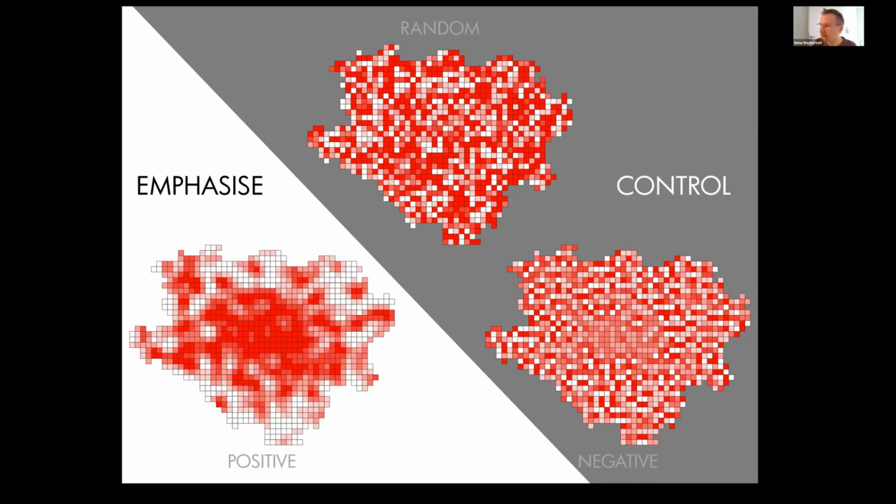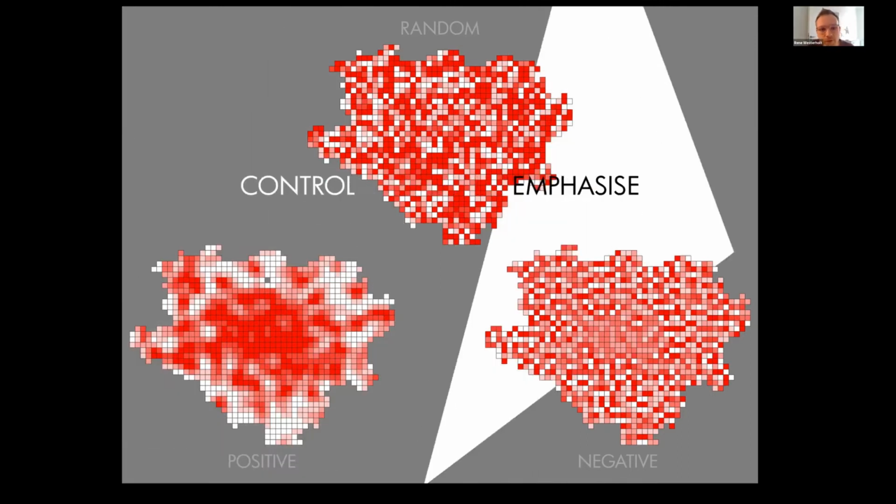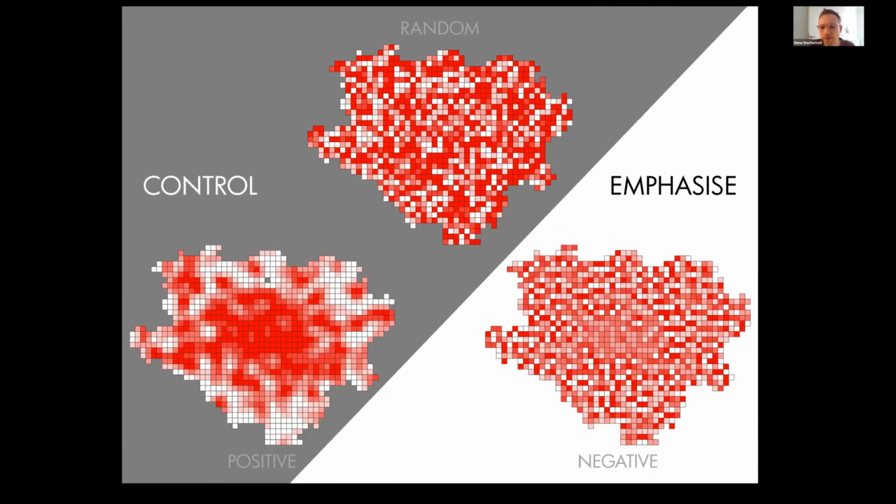And we can do exactly the same thing in the opposite direction. We can control for positive spatial autocorrelation and spatial randomness by using the respective eigenvectors associated with these types of patterns in the data, in order to maximize the negative spatial autocorrelation, or in other words, the spatially structured fluctuations that are in the data.